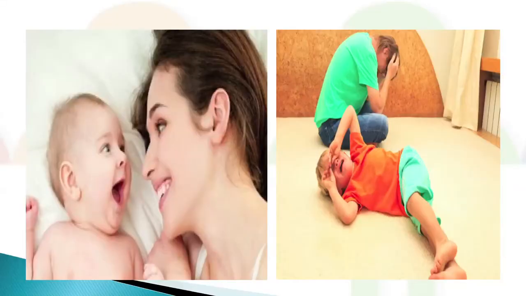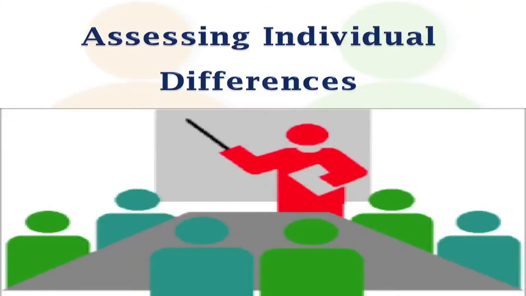Therefore, individual differences occur due to the interaction of genetic and environmental factors. Due to our genetic codes and different surrounding environments, we vary from other individuals, and that gives rise to uniqueness in every individual.